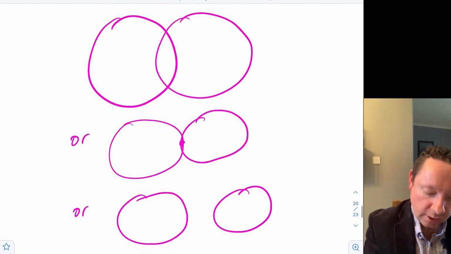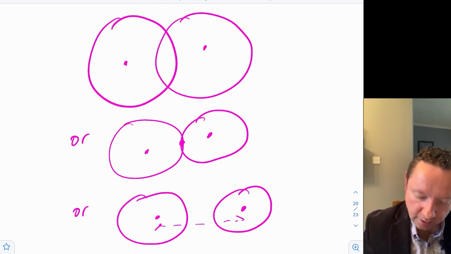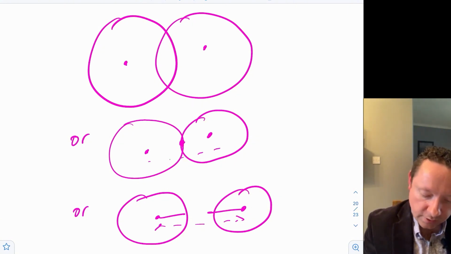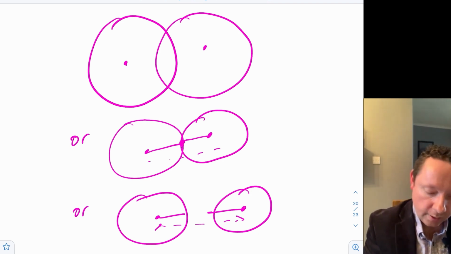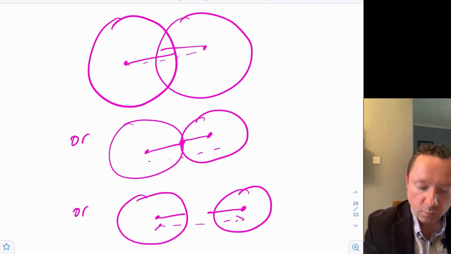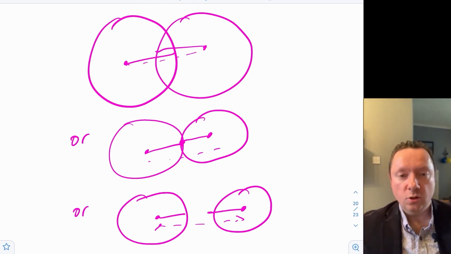If you look at the centres here, it's easy to see from the ones that don't touch: if the distance between the centres is bigger than the radii added together, we don't touch. That distance there is clearly the same as the radii added together, so we touch at 1 point. That distance there must be shorter than the radii added together, or in other words, the radii added together are bigger than the distance between the centres. They touch at 2 distinct points.